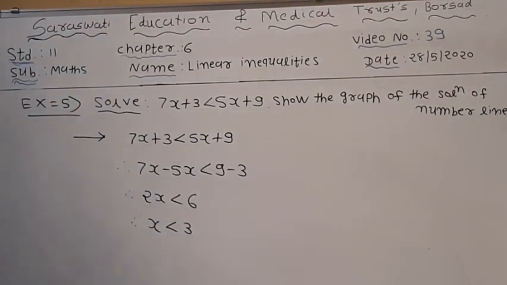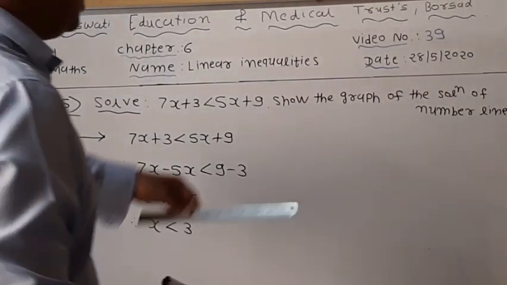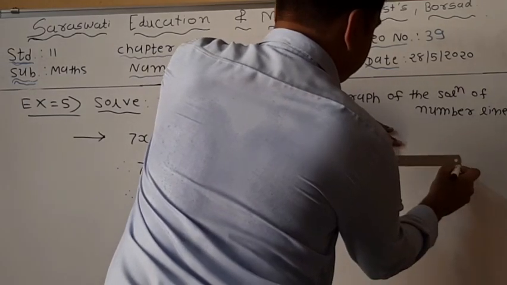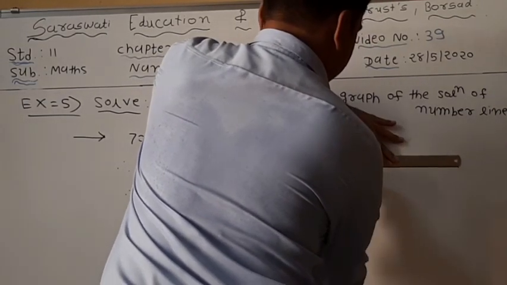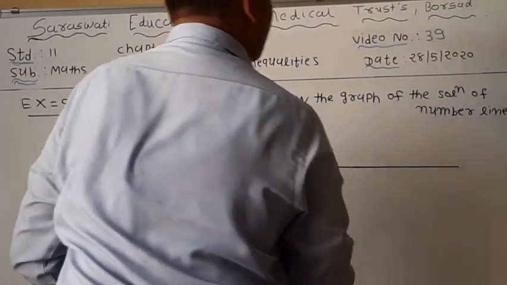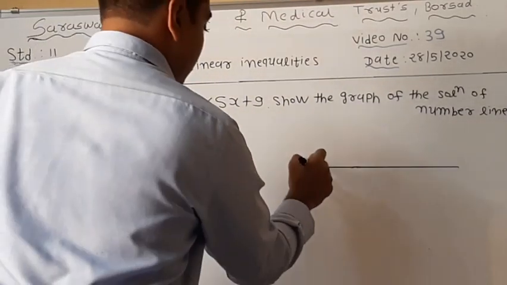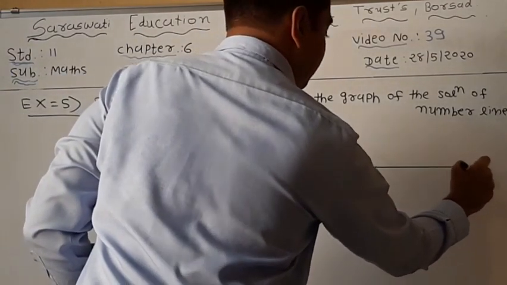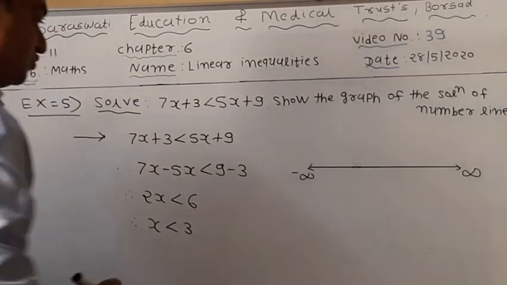Now x less than 3, so how can it be represented on the number line? So here draw one line. Okay. Now here minus infinity is present and here infinity is present.